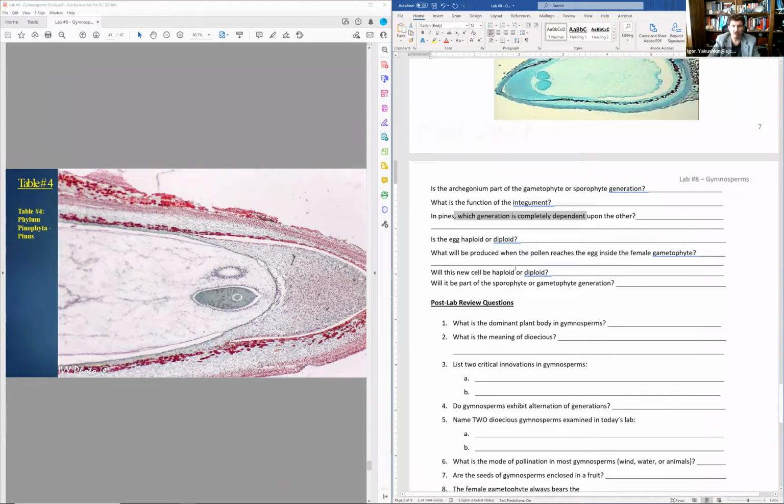The zygote, this new cell, would be diploid because the haploid amount of chromosomes from the egg will be combined with the same amount of chromosomes, hopefully, from the sperm. Therefore, a double set of chromosomes: diploid. Will it be part of the sporophyte or gametophyte? Gametophytes are always haploid, sporophytes are diploid. If the zygote is diploid, it's part of the sporophyte generation.